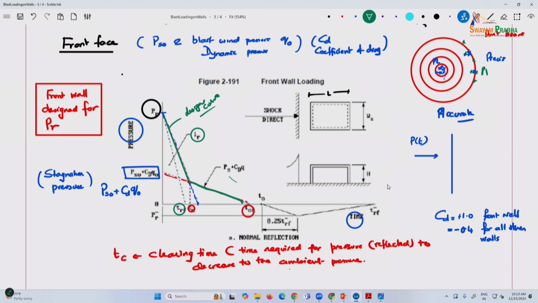So now we are taking the Friedlander curve out of our imagination, but when you see T naught, that's what it represents. From T naught to T RF minus, we will go through the calculation there. Here this is 0.25 T RF minus, so this is up to a quarter point and then it decreases down.